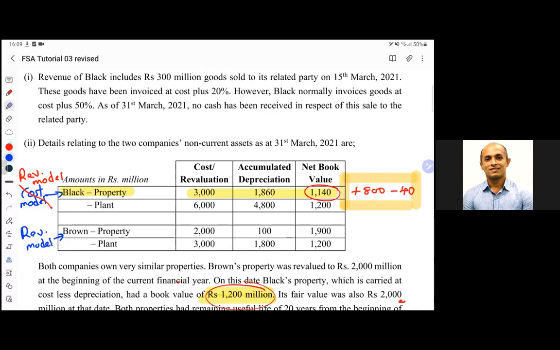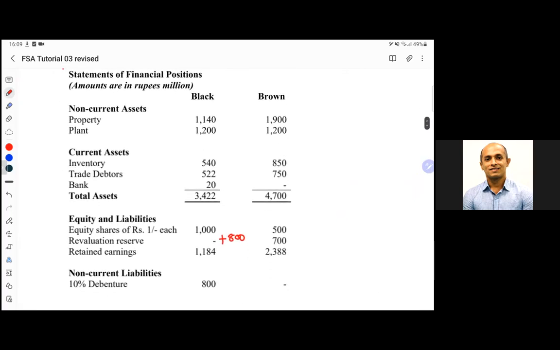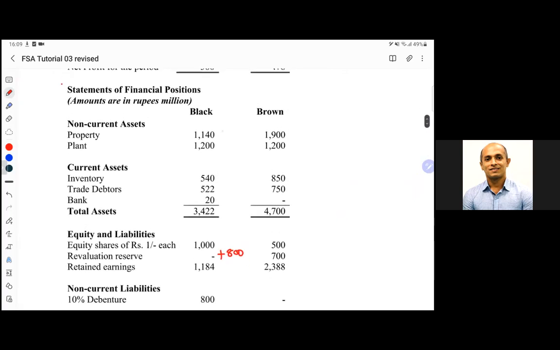The total adjustment is 760. Black property increases by 760.